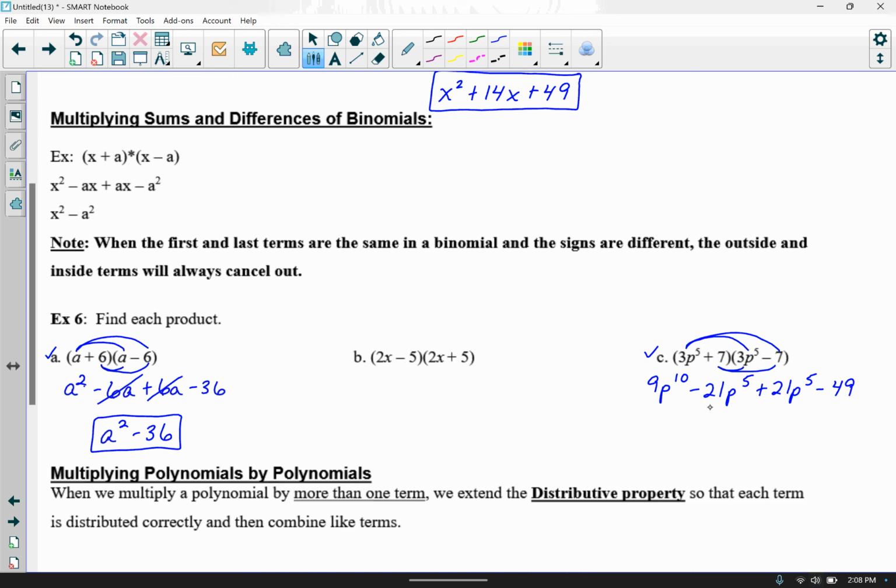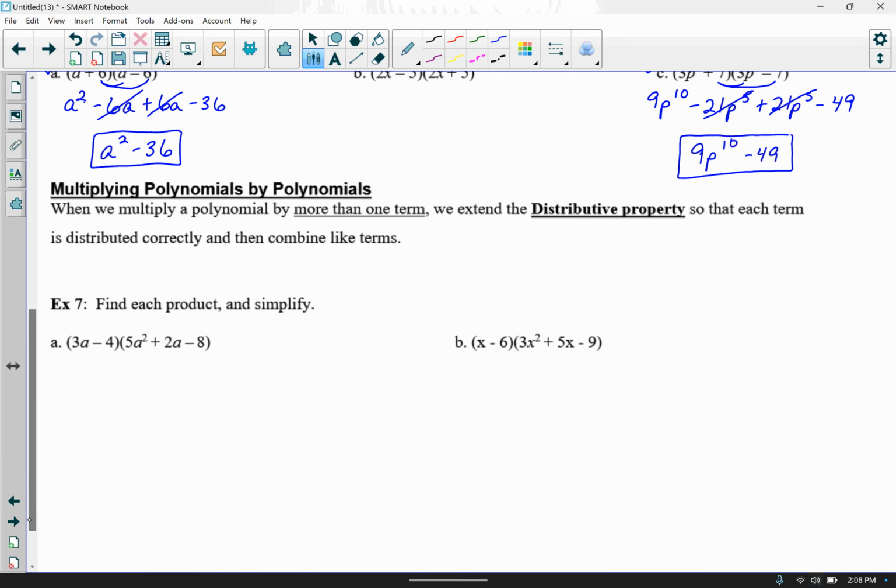And now from here, you notice again those middle terms, one's negative, one's positive, so they cancel out. Final answer then, 9p to the 10th minus 49. So really the only difference between this one and our previous problems is that this one has the same first and last and different signs. The other ones that we just got finished doing had the same signs on both, so the middle term was not canceling out.